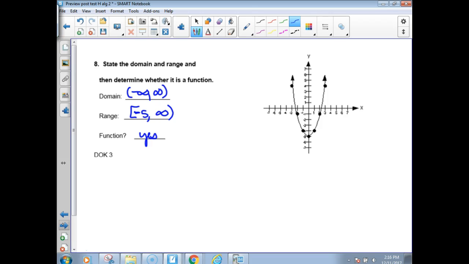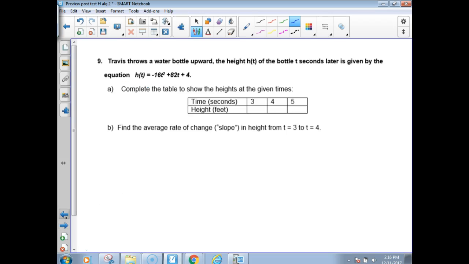We're good? Would its inverse be a function? No, it would not, because this graph does not pass the horizontal line test.